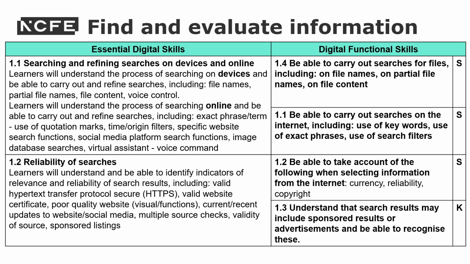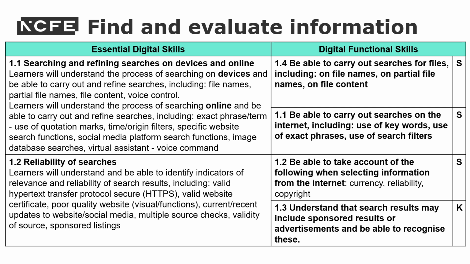So with finding and evaluating information at level 1. For both essential digital skills and digital functional skills, learners need to be able to carry out searches for files on a device and find information online. Essential digital skills content includes voice controls, whilst this is not featured in the digital functional skills qualification specification.